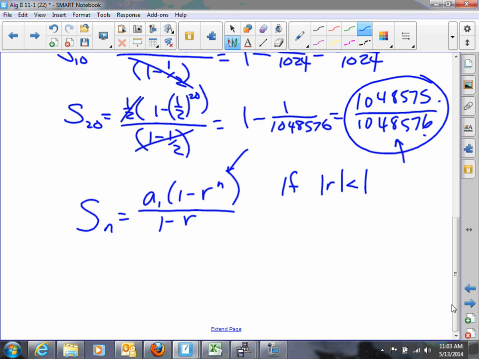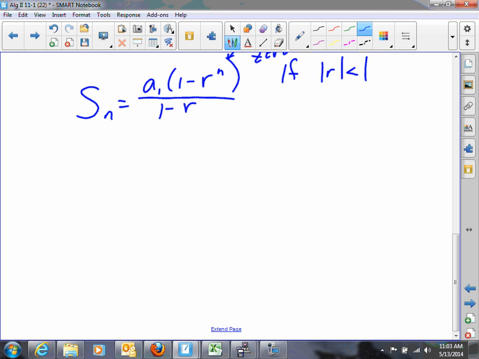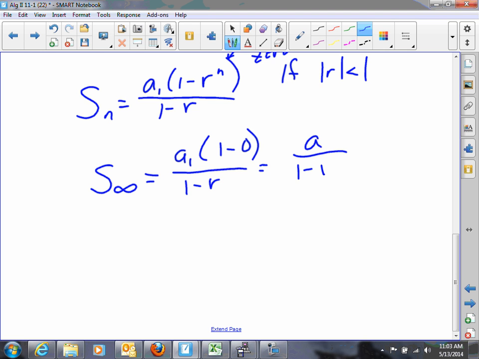As you raise it to larger and larger powers, this approaches 0. So what we do is we say, effectively, when you have an infinite number of terms, in other words, the sum to infinity is a sub 1 times 1 minus 0 over 1 minus r. And usually we just write that as a over 1 minus r.